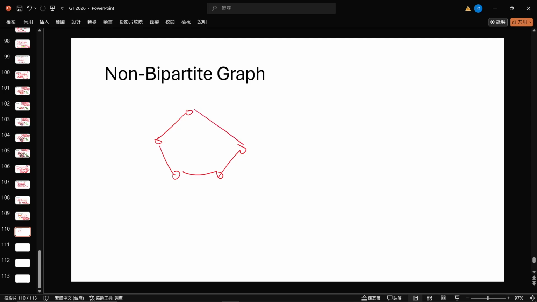For example, this is not a bipartite graph, or if you want, you can try just a triangle. We already mentioned that this is not a bipartite graph.